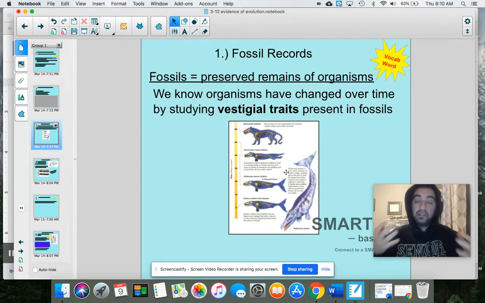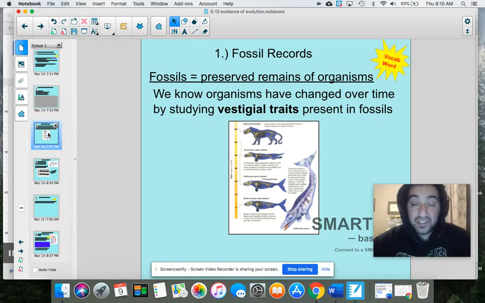When we look at fossil records, scientists have observed certain traits. We know that organisms have changed over thousands of years by studying vestigial traits present in fossils.